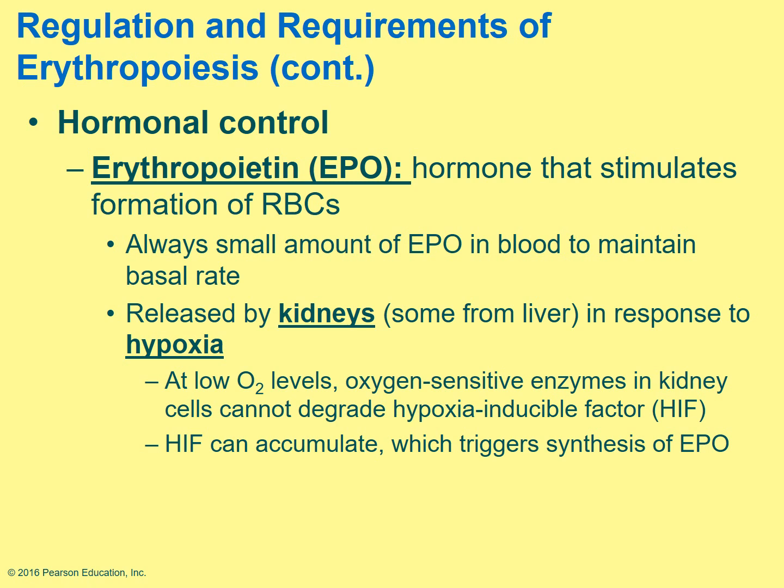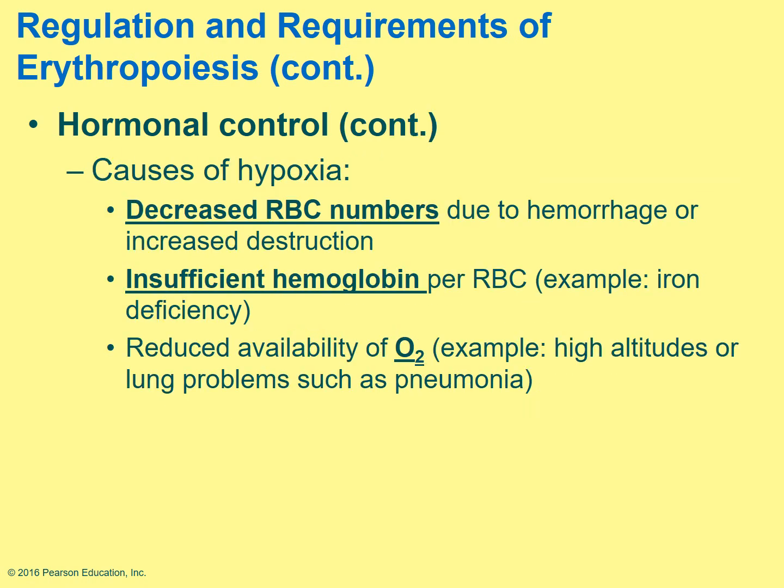Some is made in the liver, and it's released partly in response to hypoxia. If low levels of oxygen are sensed, then you're going to want to increase the amount of red blood cells so you can get more oxygen to the cells.